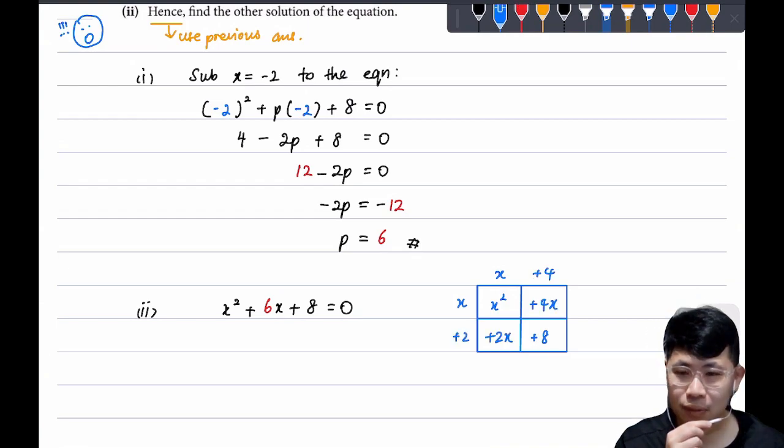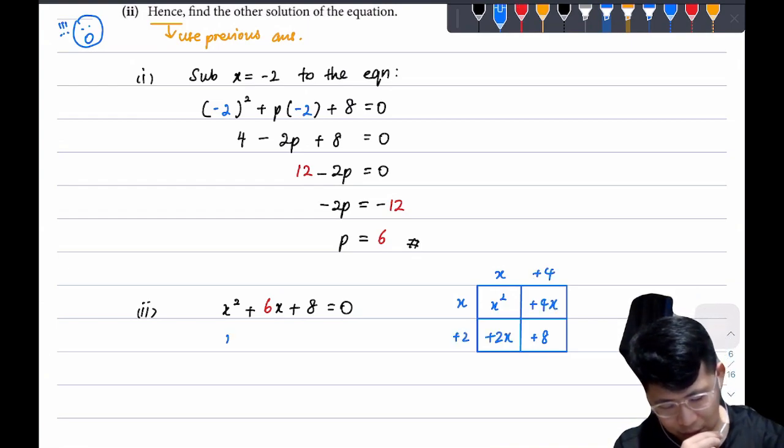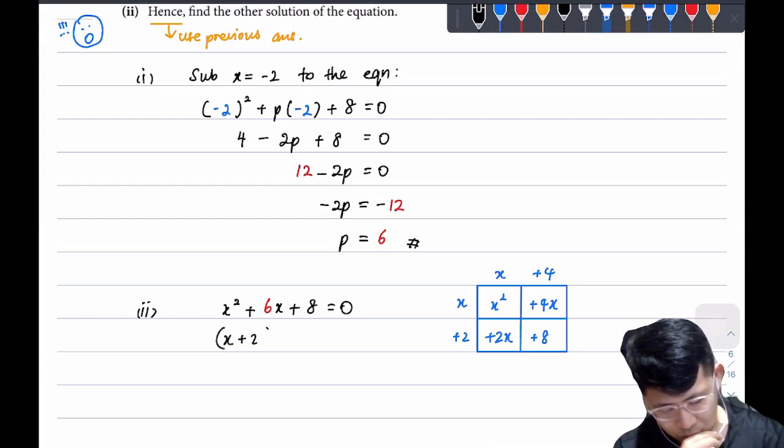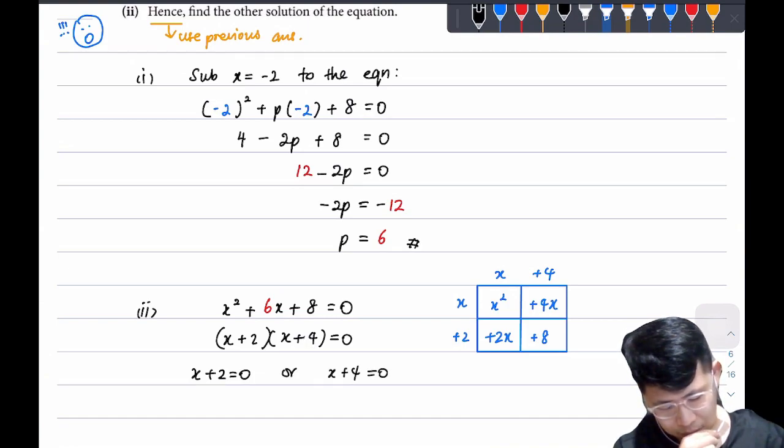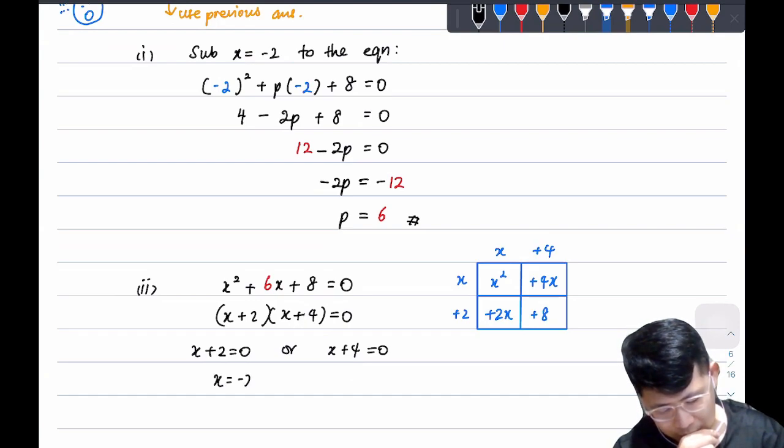Okay, so now I'm done with the factorization. Now we have two factors, x plus 2 and x plus 4 equals 0. So over here, x plus 2 equals 0, or x plus 4 is equal to 0. So x will be equal to negative 2, or x is equal to negative 4.